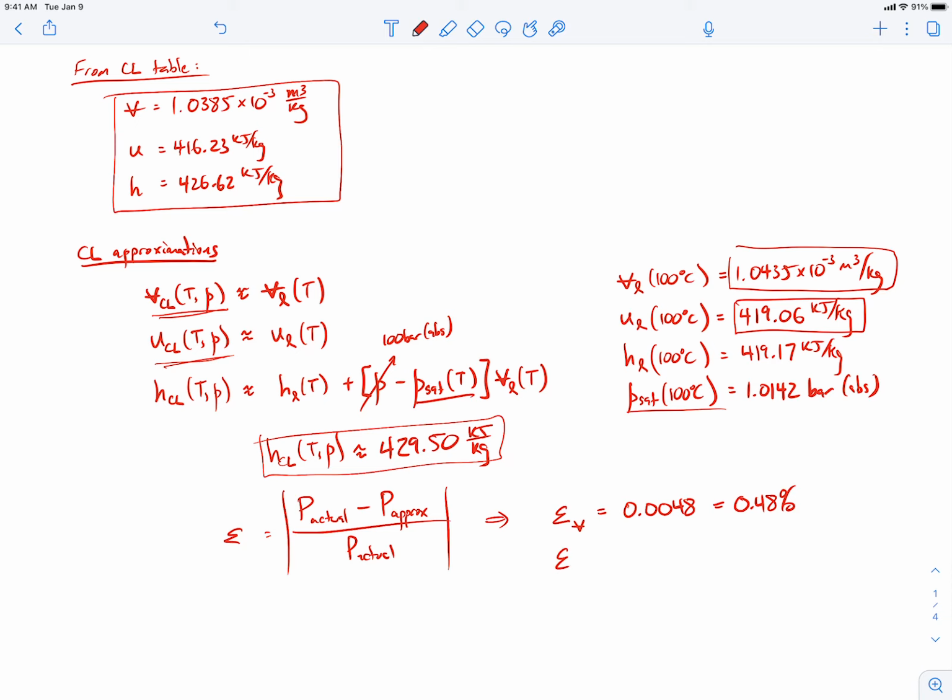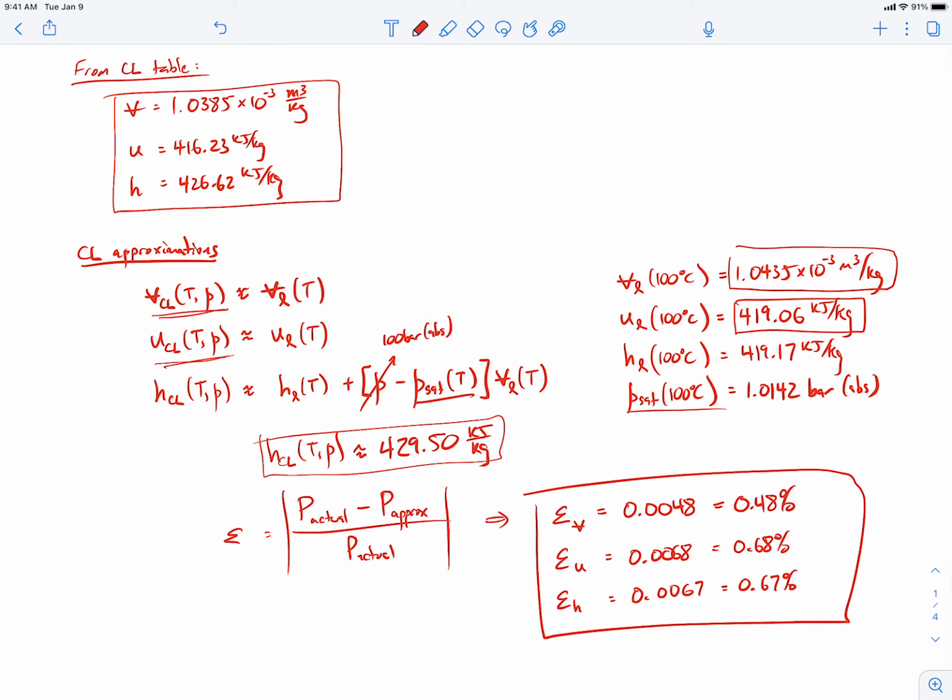The relative error in the specific internal energy comes out to be 0.0068, or 0.68%. And the relative error in the specific enthalpy is 0.0067, or 0.67%.